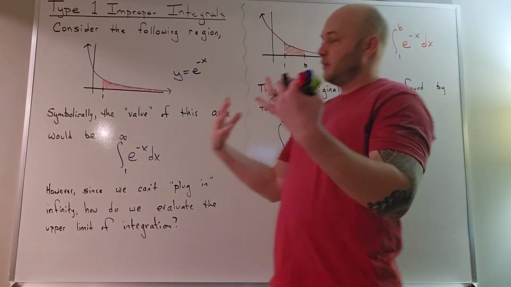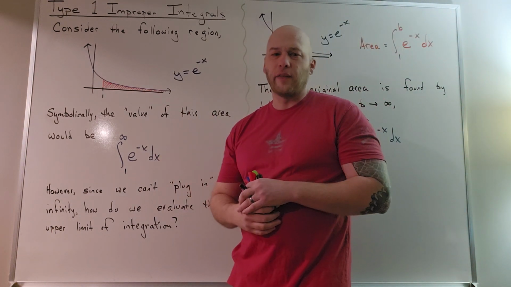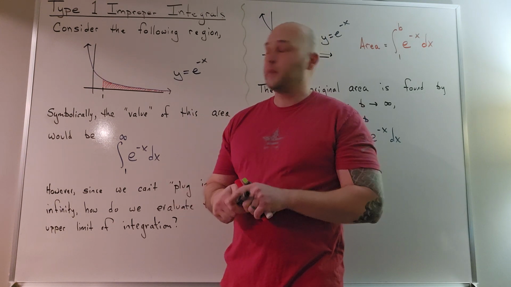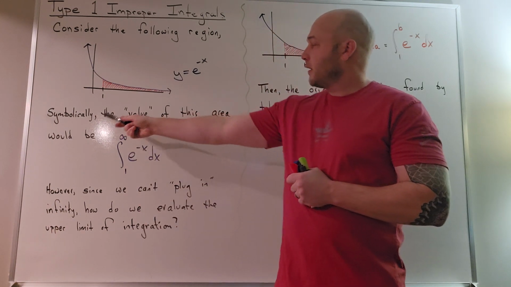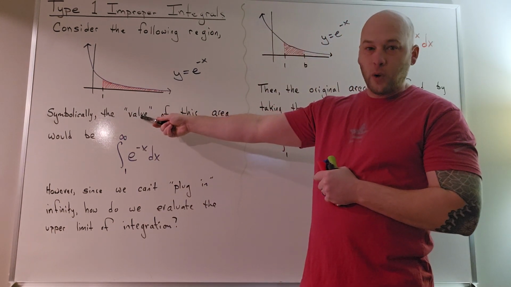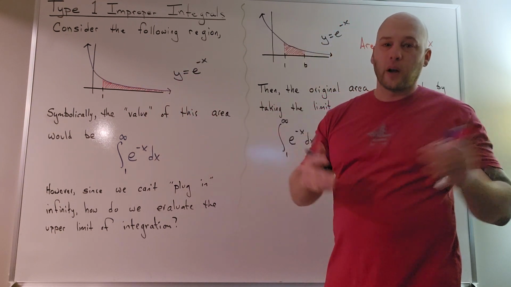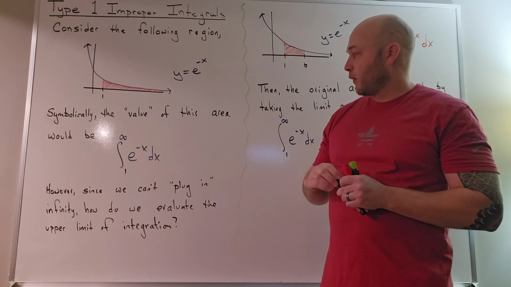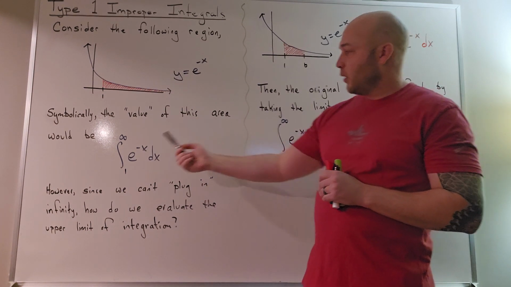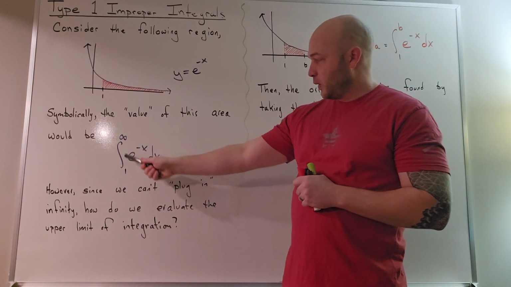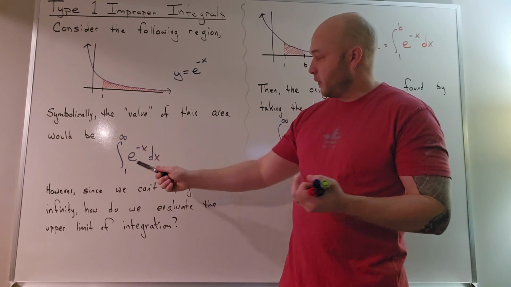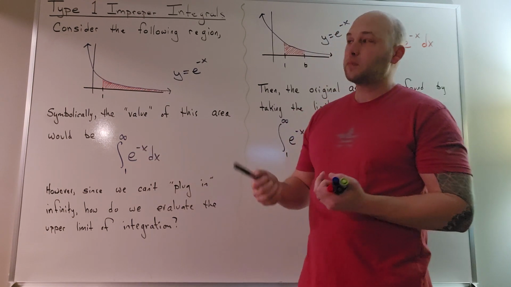But does it have a value? Does it have a finite value? Or is it always going to be infinite? Let's take a look. Symbolically, the value, and again, I put value in quotes here because if it's infinite, then it's not a value in our everyday sense of the word, of this area would be the integral from 1 to infinity, whatever that means, of e to the minus x dx.